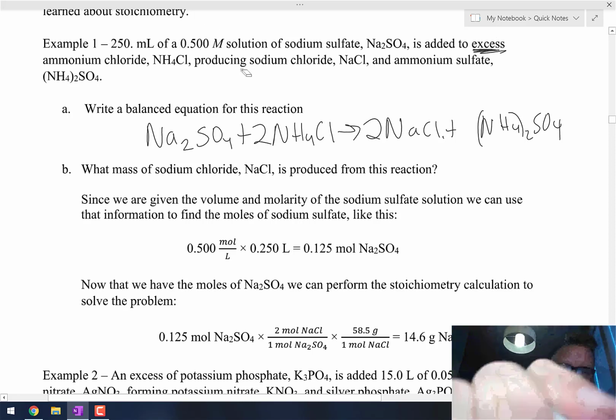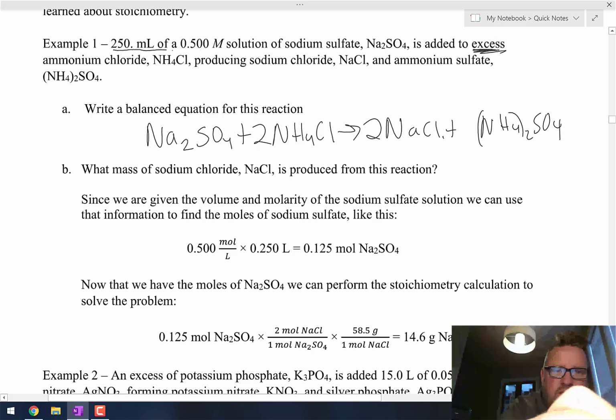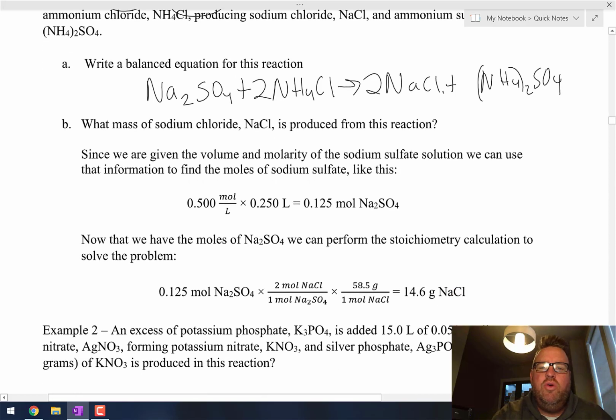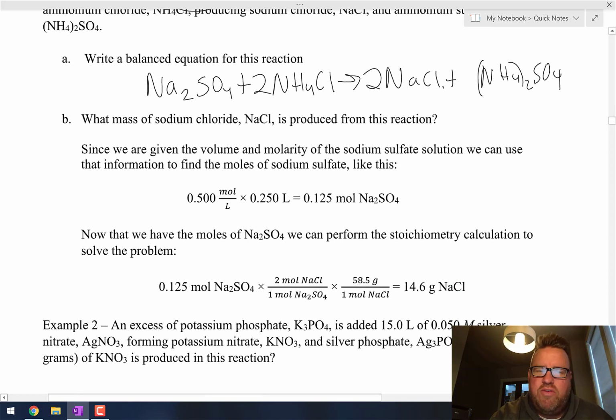So our 250 milliliters of a 0.5 molar solution is the limiting reactant. Since they give us the volume and the concentration of that solution, we can convert that to moles, just like what we've already done in our previous videos. Take the concentration in molarity, take the volume in liters, multiply them together, and you get moles of Na2SO4.